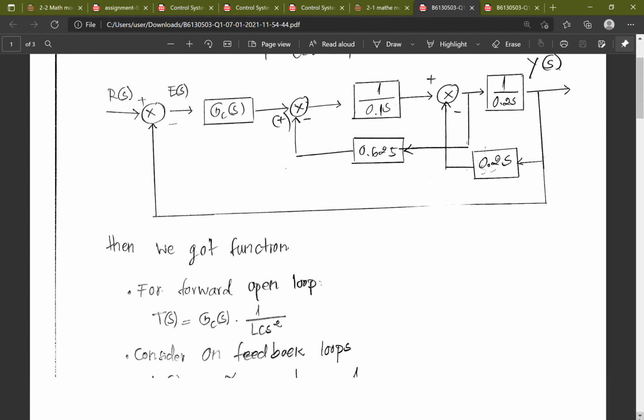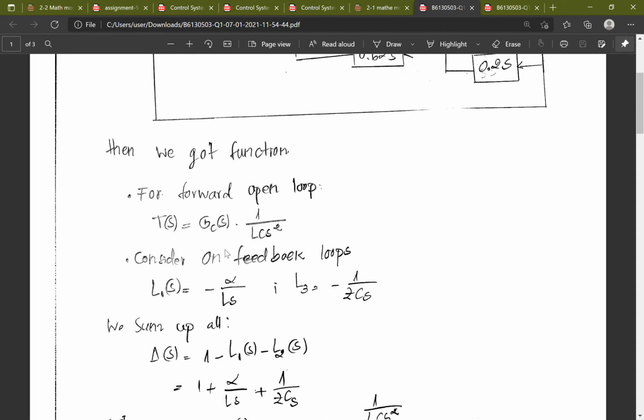As we see here, first we have to consider it as a forward open loop, and from the function here we can find the value of the forward open loop: T(s) equals G(s) multiplied by 1 over s squared. Then we consider the feedback loop and sum up all the loops to be delta(s).